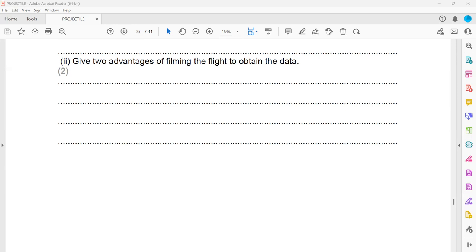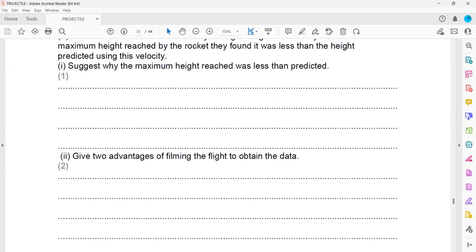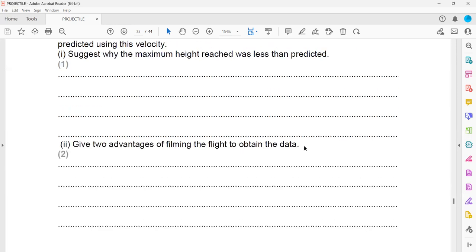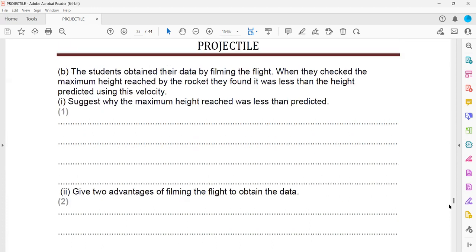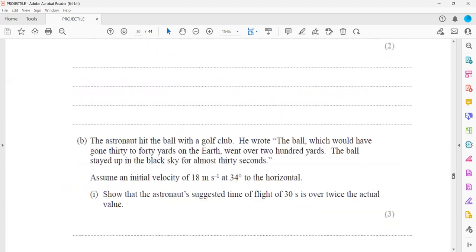We can slow down the motion and watch frame by frame. We can watch again. So these are the advantages of using a video camera over a stopwatch.